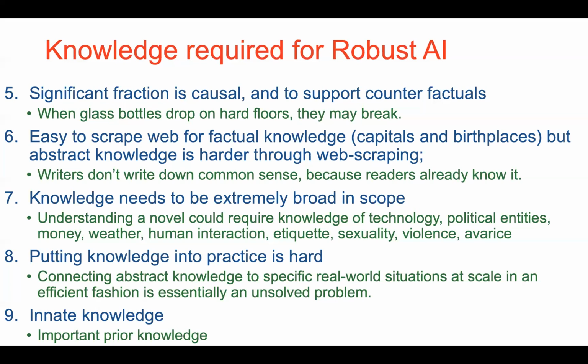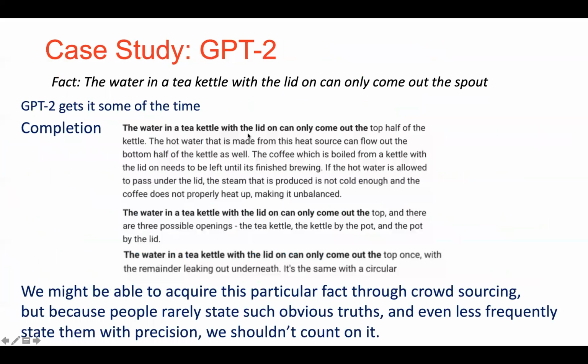This word keeps getting used again and again in robust AI. Innate means there is some knowledge that our brain has which is not based on experience. So we'll talk about that a bit more. Empiricism versus nativism, it's called.